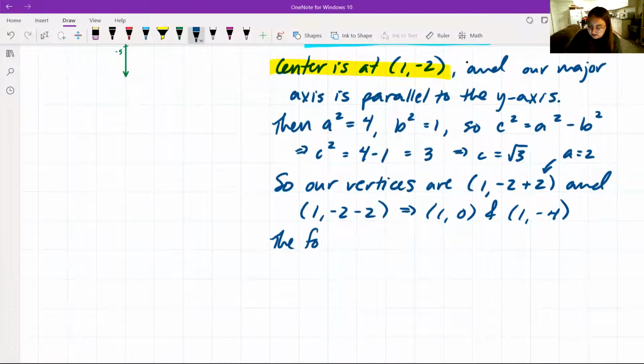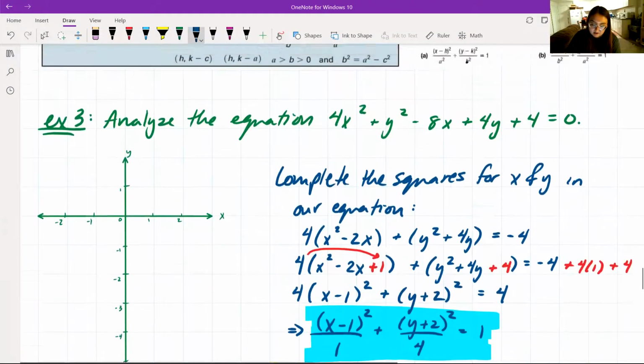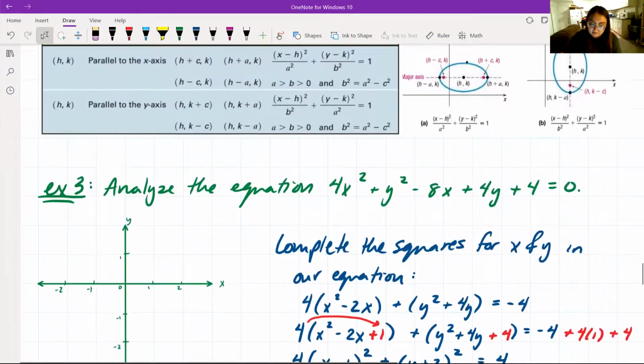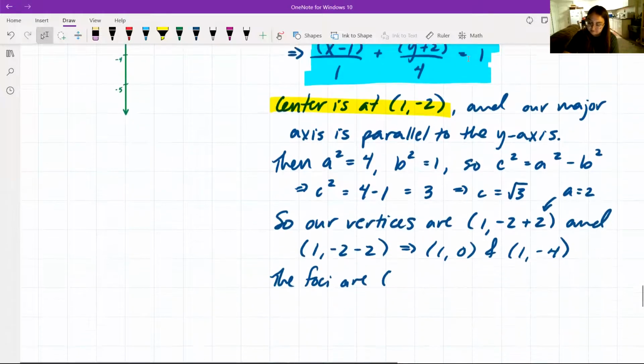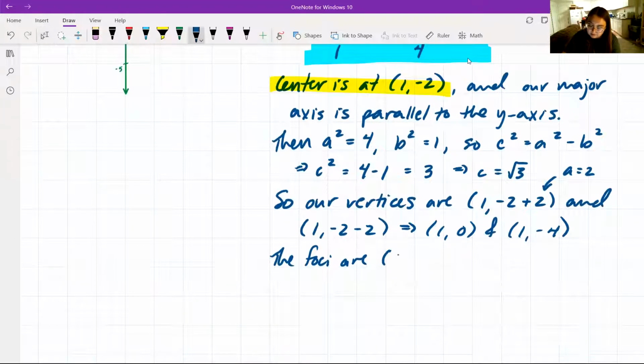Then the foci are h comma k plus c and h comma k minus c. So our h was 1, k was negative 2, and we have negative 2 plus the square root of 3.